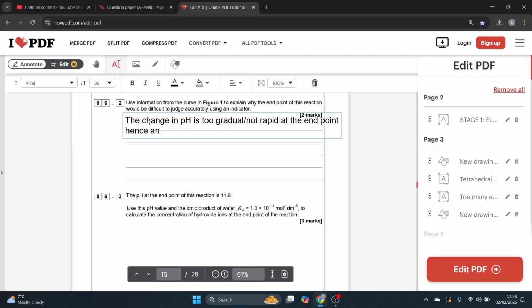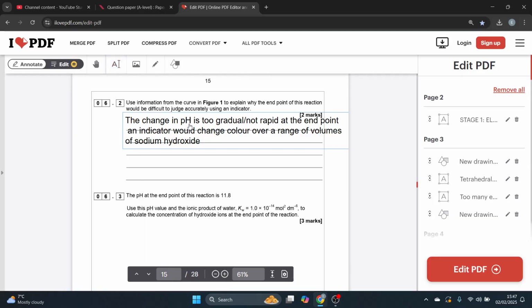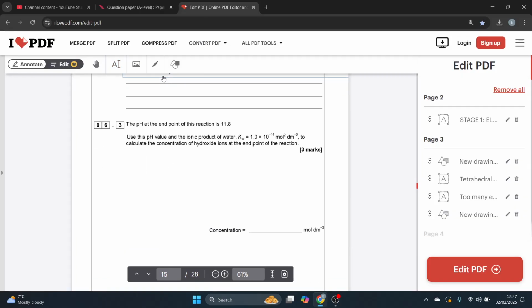Hence, an indicator would change color over a range of volumes of sodium hydroxide, but the change of pH is too gradual, not rapid at the endpoint.